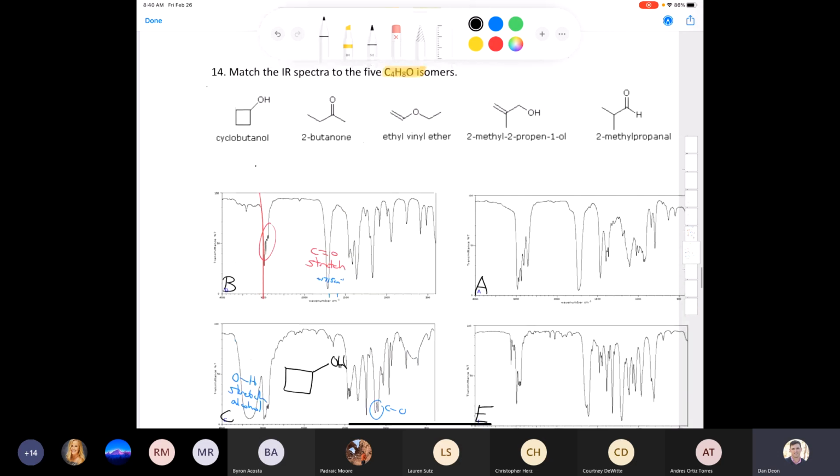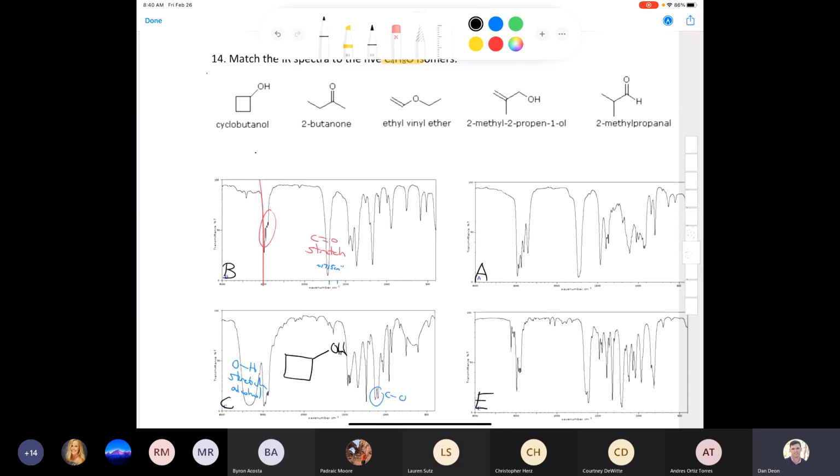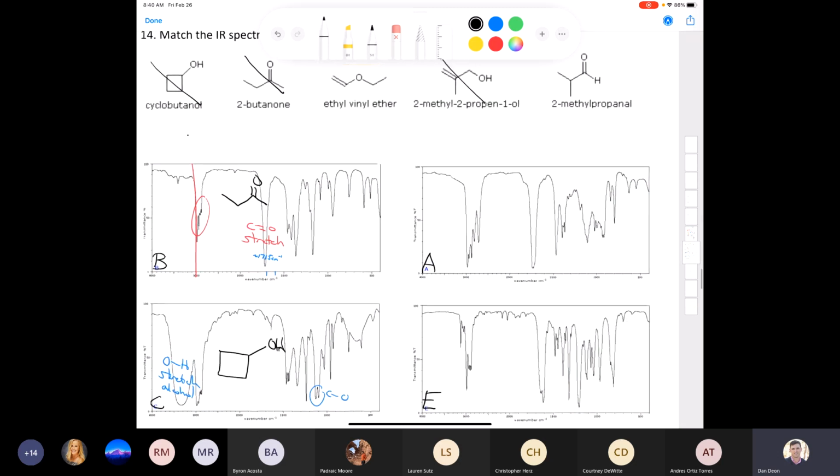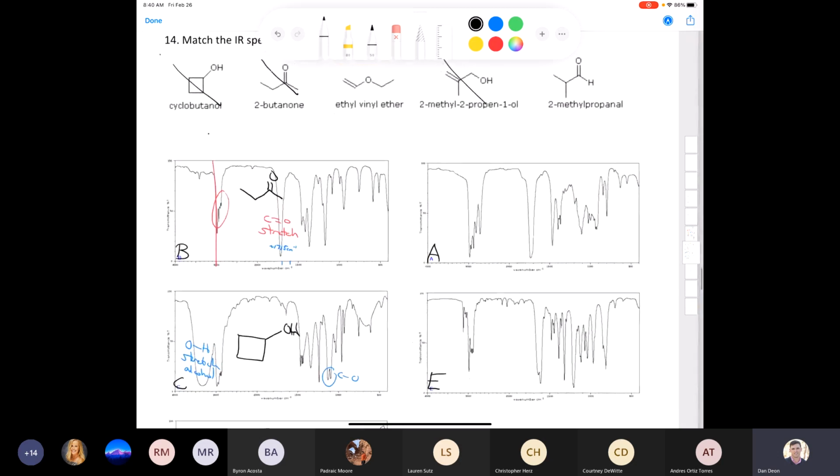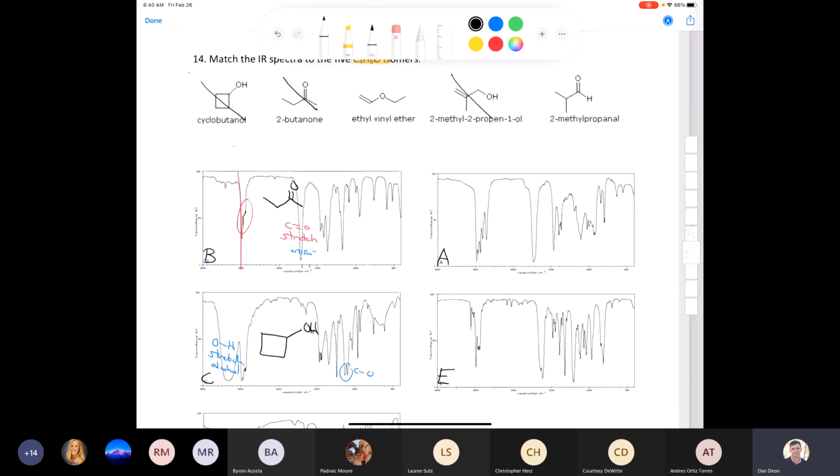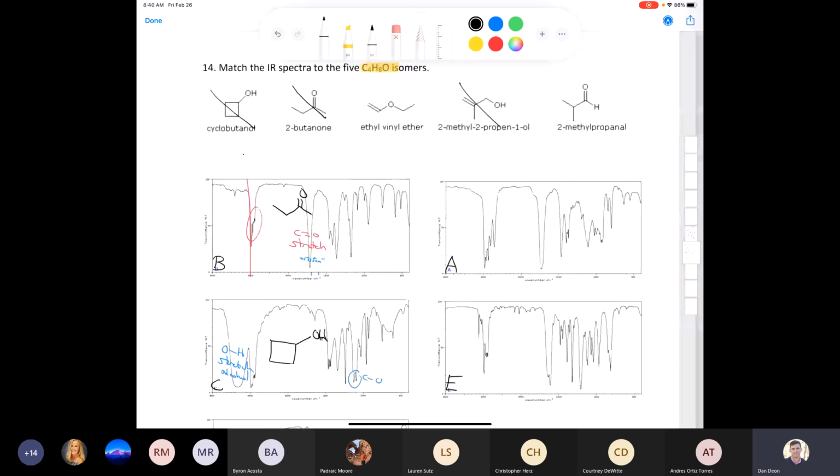If we go back here, we can do some of these by process of elimination. So we've gotten rid of this one, this one, this one. I want to show you one thing that I haven't really gone over yet and might not be as abundantly clear to you guys, and that is the aldehyde.